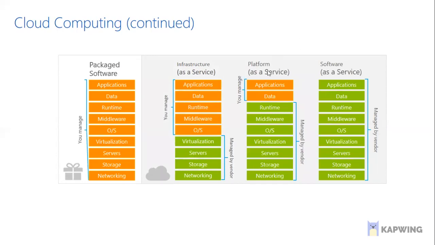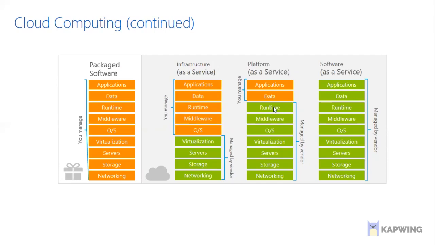Now, in platform as a service, you have to manage only data and application. Remaining services will be managed by the cloud provider or vendor: networking, storage, server, virtualization, OS, middleware, and runtime.